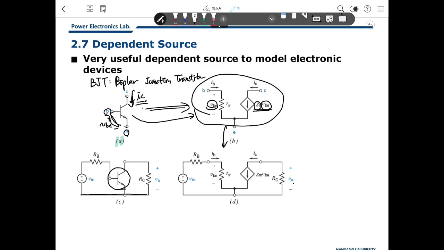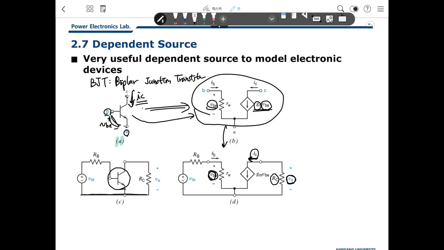Then I don't know the value of the current, but it is the characteristic of the BJT. So the current flows based on this VB, and based on that value the current is determined. Then because of the current and RC, the output voltage is determined.